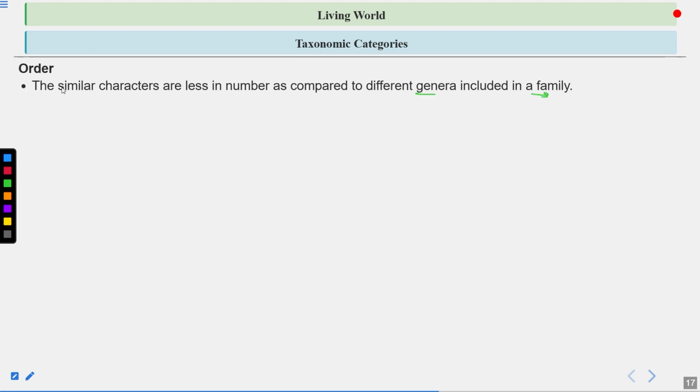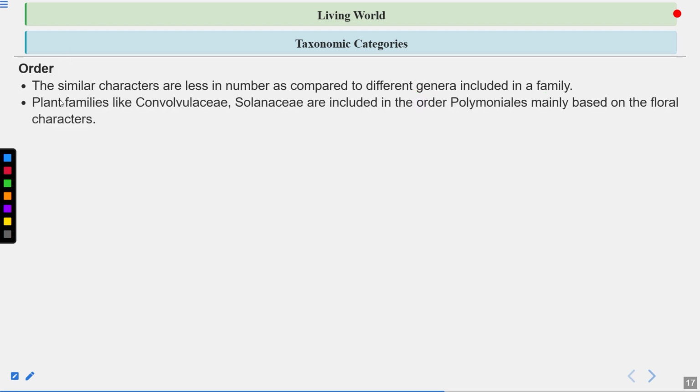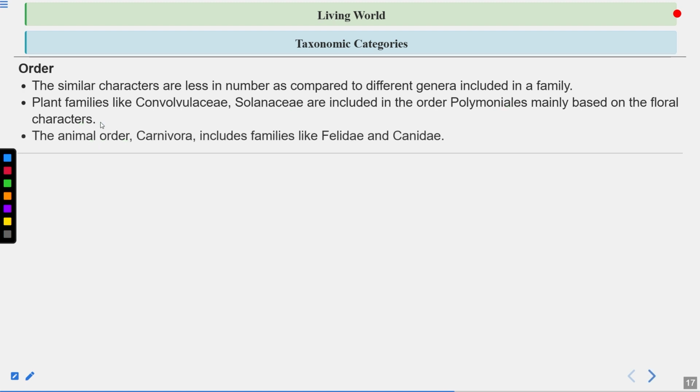Clear? Plant families like Convolvulaceae and Solanaceae are included in the order Polemoniales mainly based on floral characters, meaning based on their morphological similarities. Now, the animal order Carnivora includes families like Felidae and Canidae.